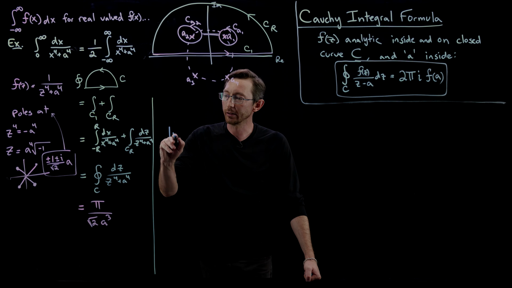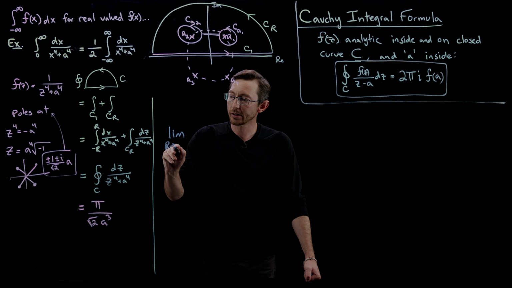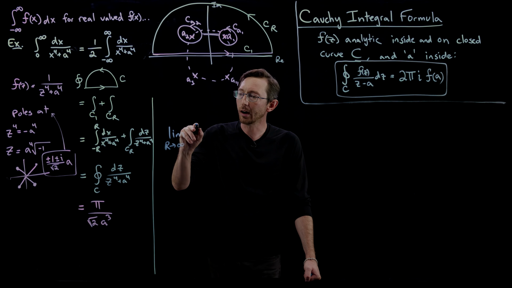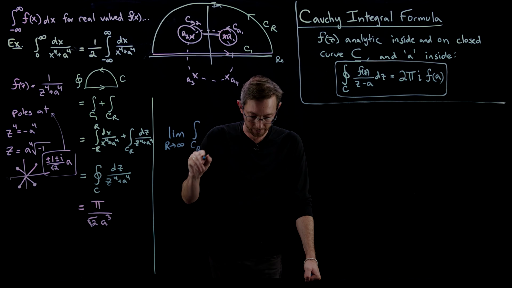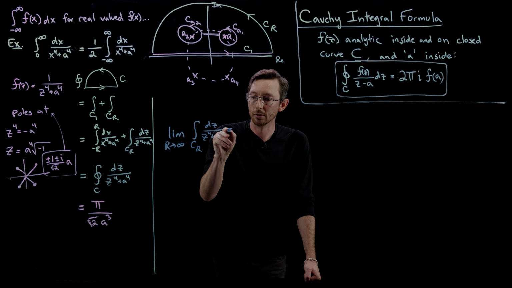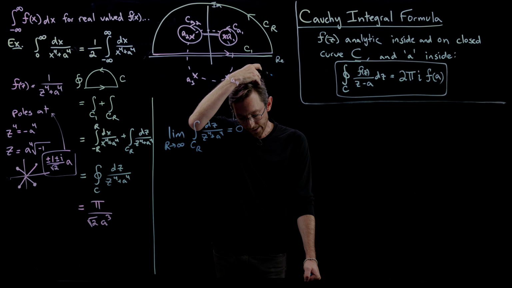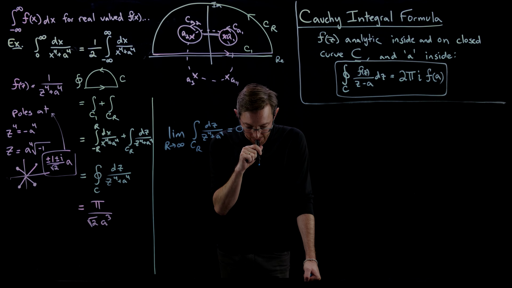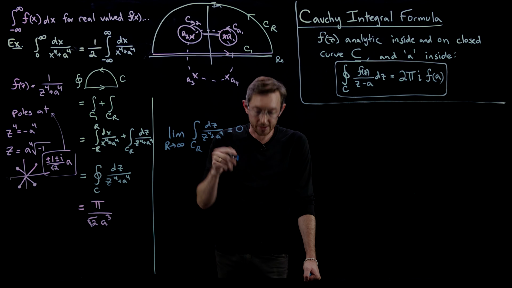So we're going to show that the limit as r goes to infinity of the integral over the C_R portion of dz over z to the 4th plus a to the 4th is going to equal 0. And the way I'm going to do that is essentially using the ML bound.